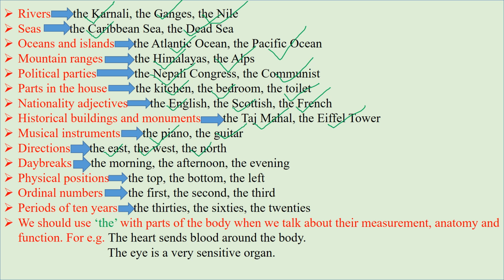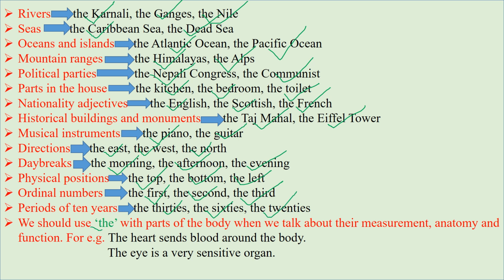For parts of the day: the morning, the afternoon, the evening. For physical positions: the top, the bottom, the left. For ordinal numbers: the first, the second, the third. For periods of ten years: the 30s, the 60s, the 20s, etc.